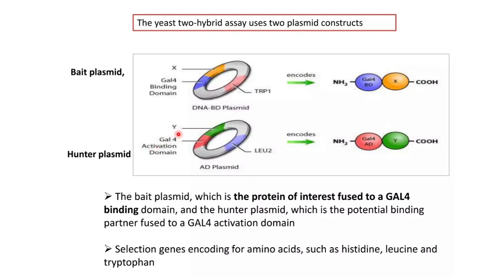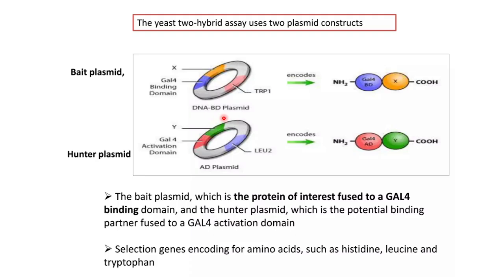Followed by the GAL4 activation domain and another protein Y. When X and Y interact, the GAL4 binding domain and the activation domain also interact to form a transcriptional activator. Therefore you will see the expression of the downstream reporter genes.